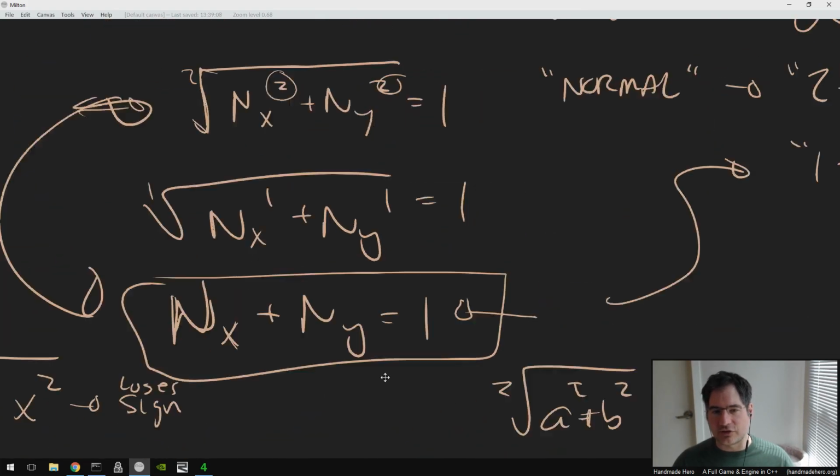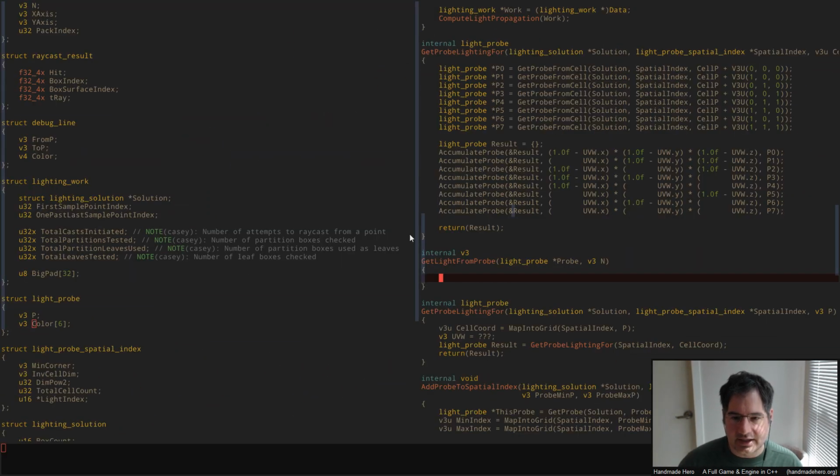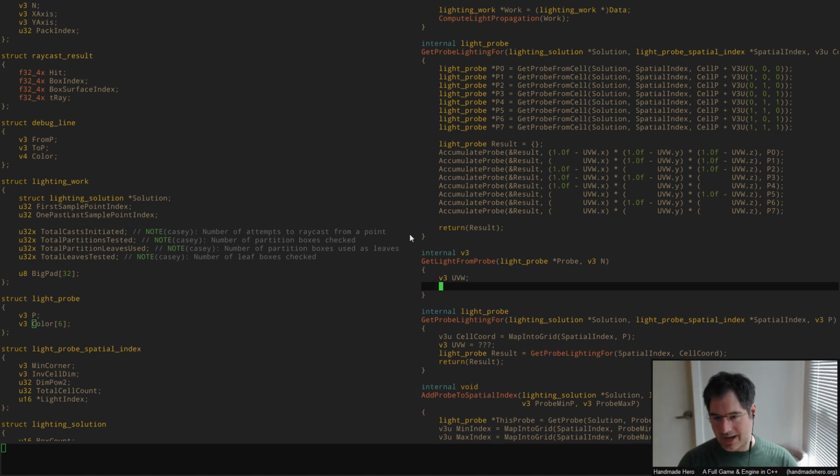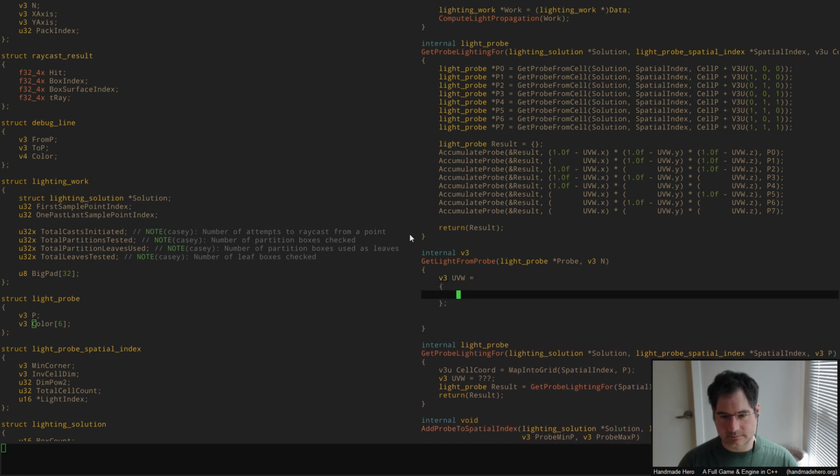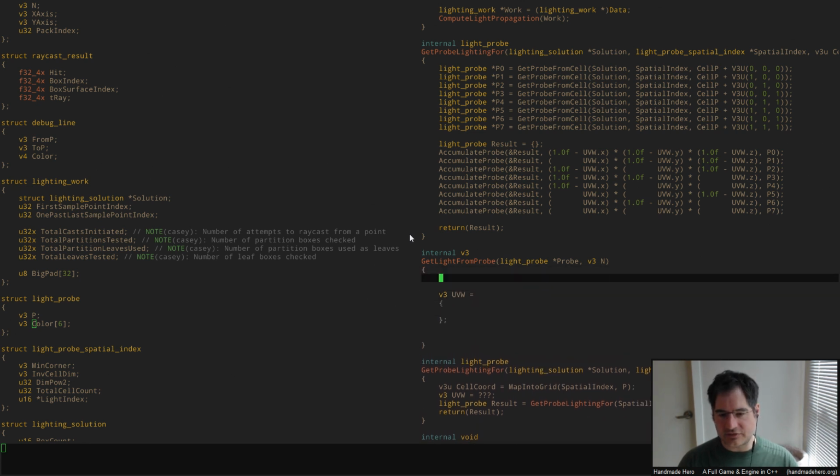So if I want to, let's force this to be linear blendable. Let's find a way to get a UVW out of this n. So step 1 is just to say, let me produce an absolute value for each of these.